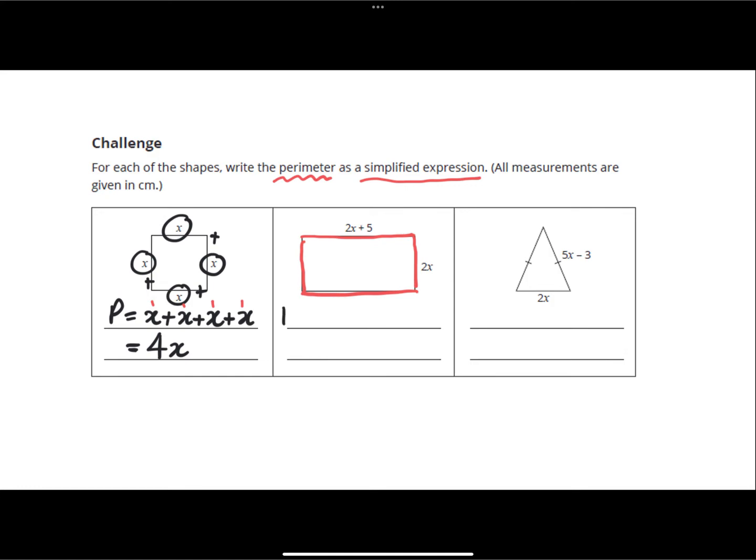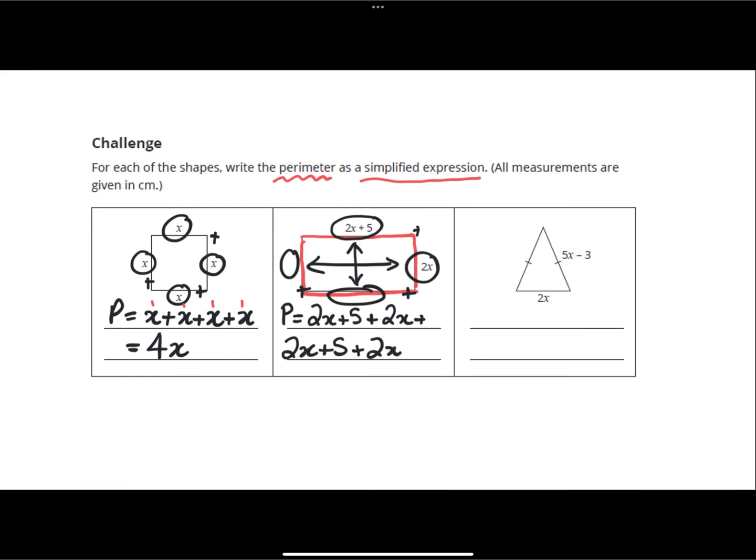I've got P equals, let's start with this one up the top, 2x plus 5 plus 2x plus this distance out here, which is the same as that one there, 2x plus 5 plus this distance here, which is the same as that one. Now I can add them all up.